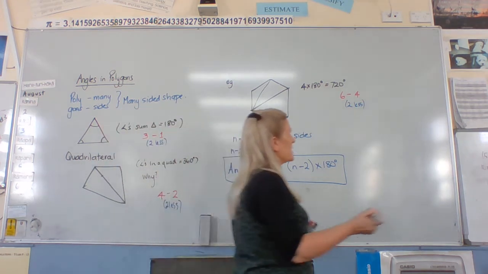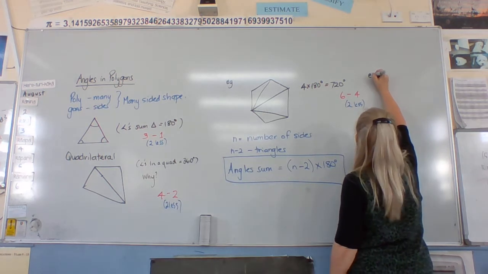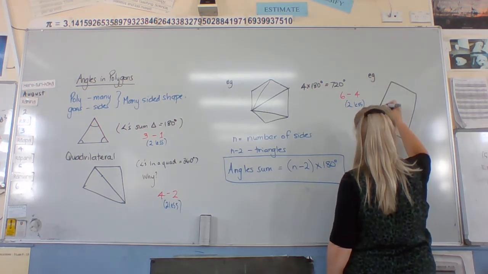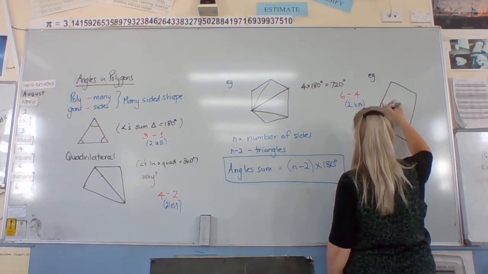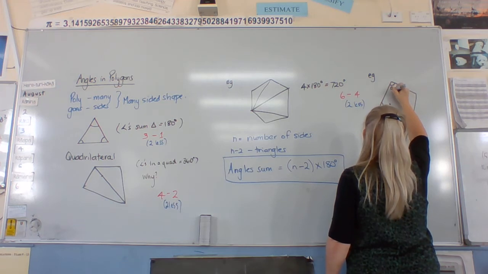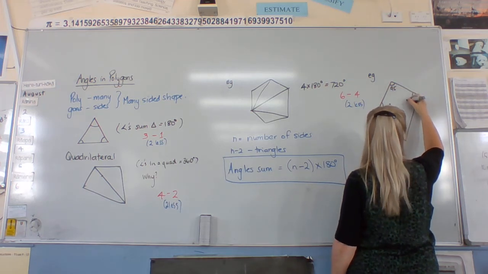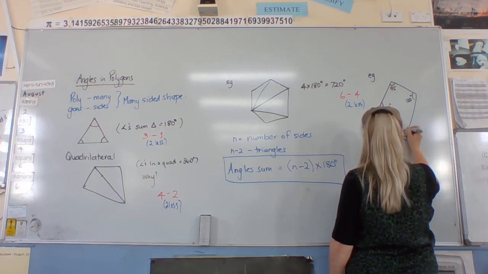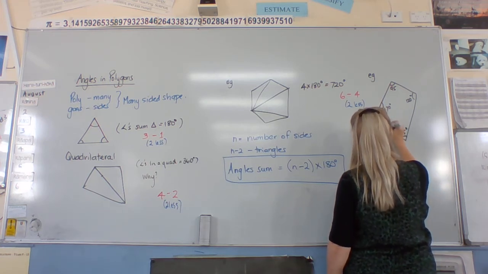What could you be asked? You could be asked, here's a really peculiar shape. This angle is 170. This one's 95. This one's 120. This one is 75. I want to know what P is.